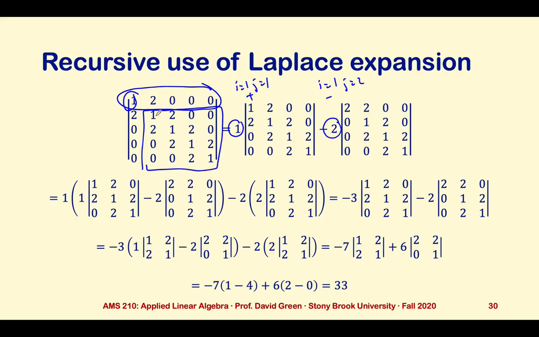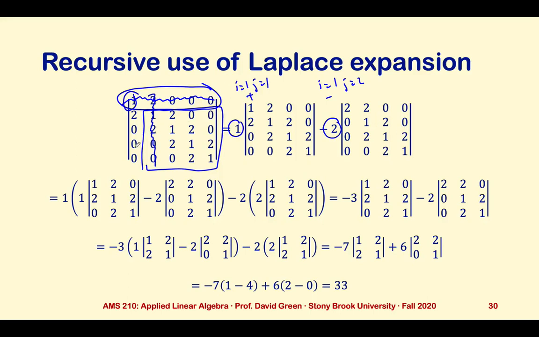And the matrix we have here is the one that we're left with after we delete row 1 and column 2, with 2, 0, 0, 0 and the remaining 3 columns from the last 3 columns here.